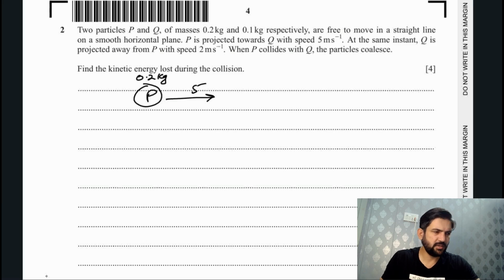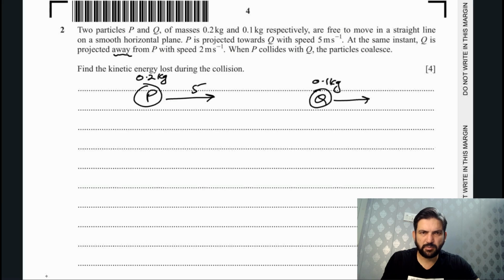At the same instant, Q is projected away from P. This particle is Q, its mass is 0.1 kg, and it is projected away from the particle P with a speed of 2 meters per second.